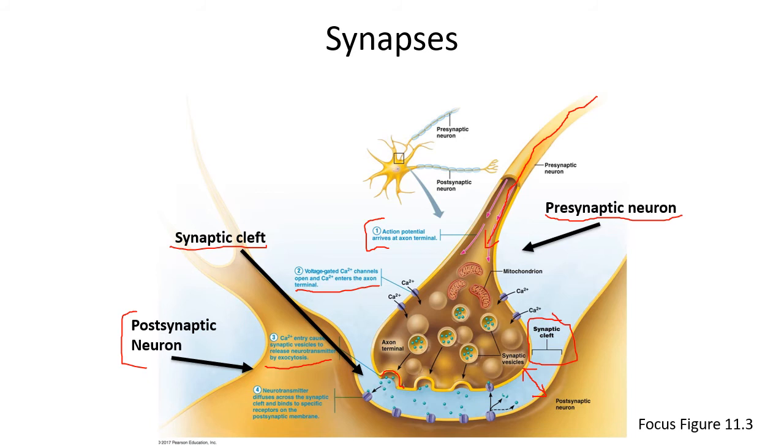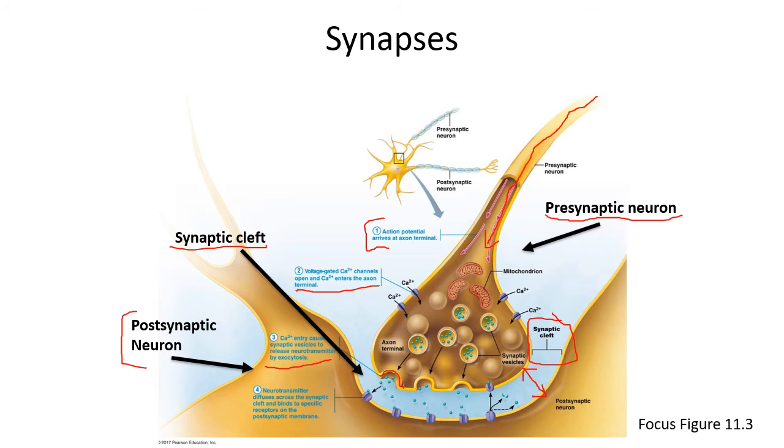Right, so we have the nerve impulse. So nerve impulse is the same as an action potential. You might see them used interchangeably in some of the different study tools. So we have the nerve impulse coming from the presynaptic neuron. It's going to basically cause the release of what are called neurotransmitters.